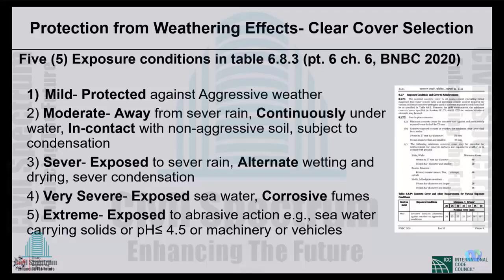They have described five different exposure conditions to be considered when selecting the clear cover for a structure: mild, protected against aggressive weather; moderate, away from severe rain, continuously underwater, in contact with non-aggressive soil, subject to condensation; severe, exposed to severe rain, alternate wetting and drying, severe condensation; very severe, exposed to seawater, corrosive fumes; extreme, exposed to abrasive actions, for example seawater carrying solids or pH less than 4.5, and machinery or vehicles.